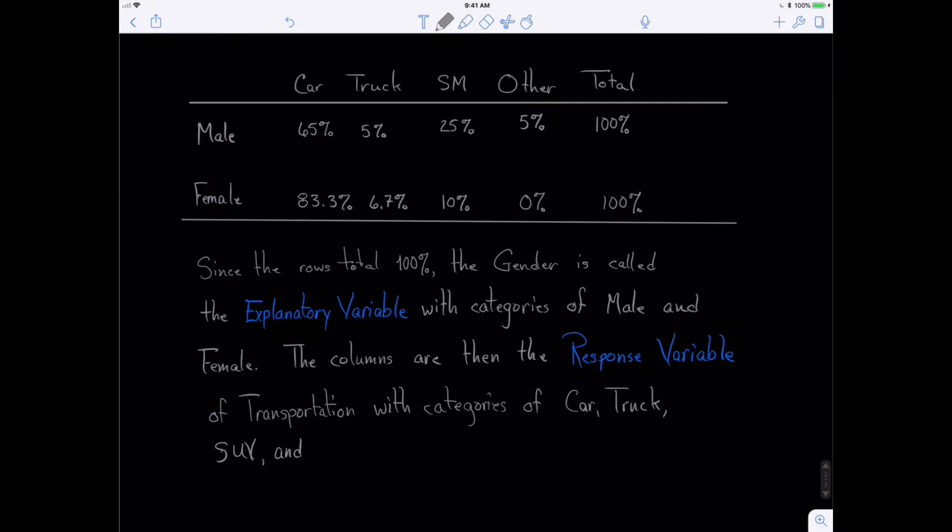Oh, I'm sorry, I misspoke. We'll just use the same notation we had: SUV or minivan, SM, and other.